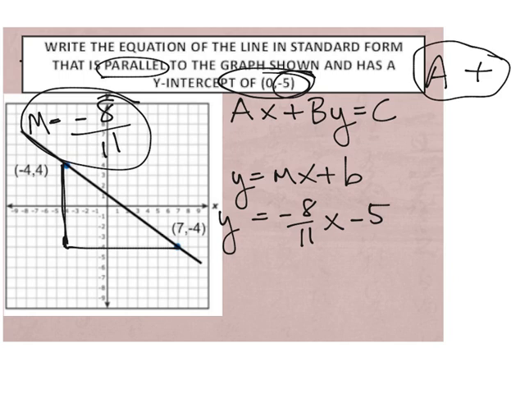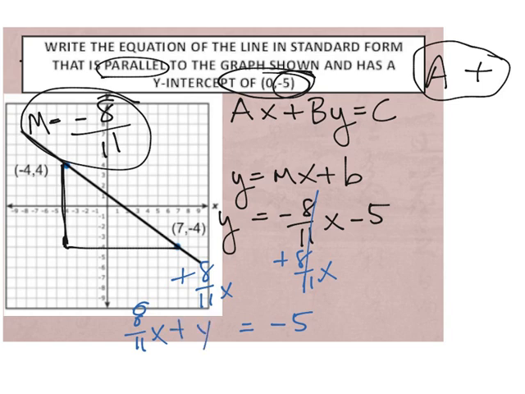I'll go ahead and move this around a bit. I'm going to move this to the other side. So I'll say plus 8 over 11x, both sides. Alright, so now I'm left with minus 5 is equal to 8 over 11x plus y.